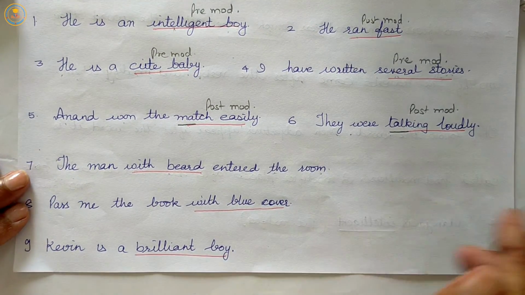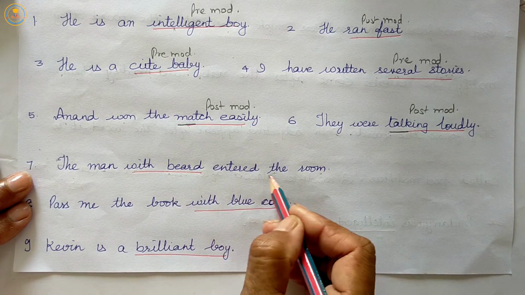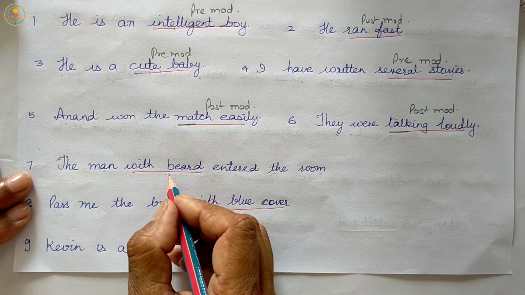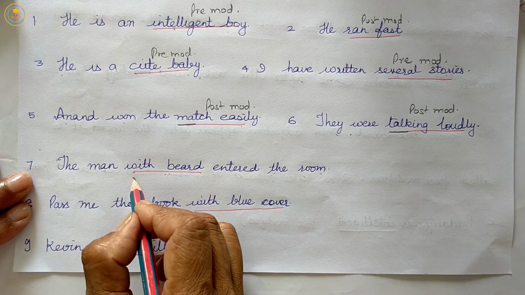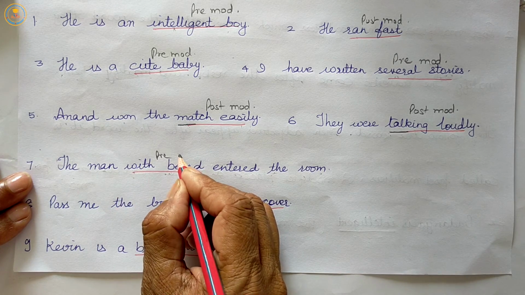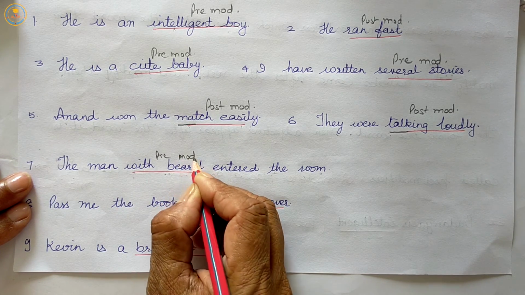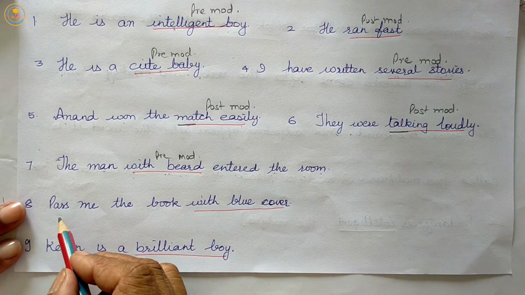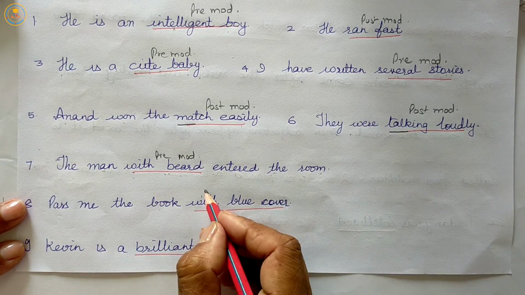The man with beard: the man entered the room is also right, but the man with beard is also modifying this one. Entered the room. Pass me the book with blue cover.